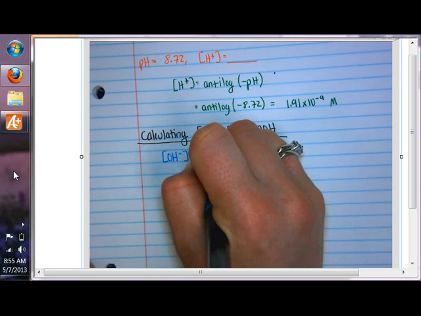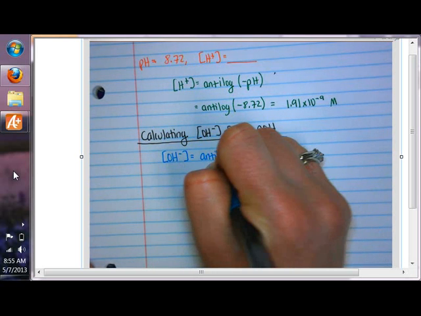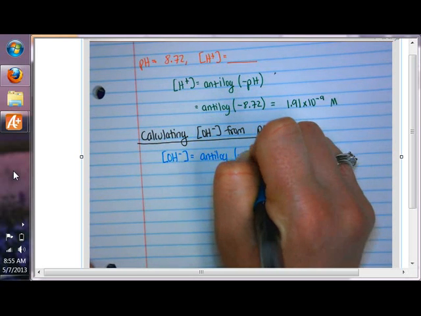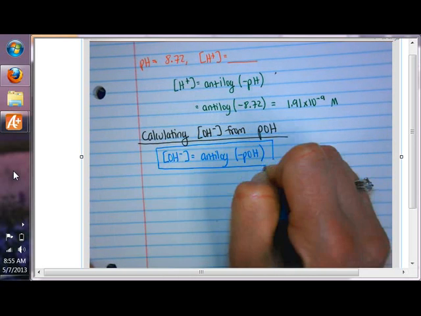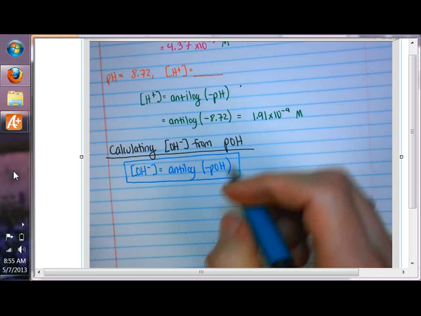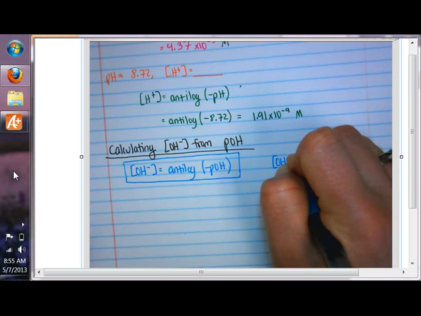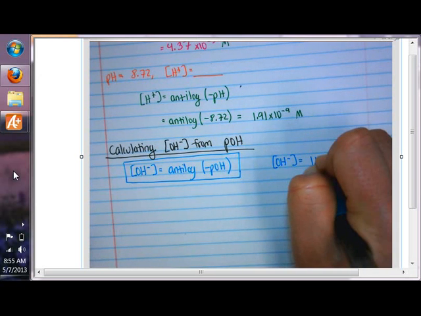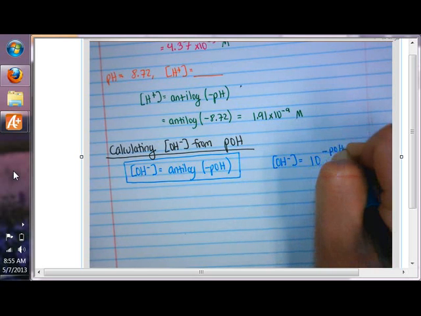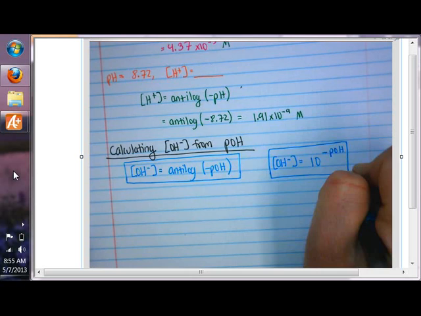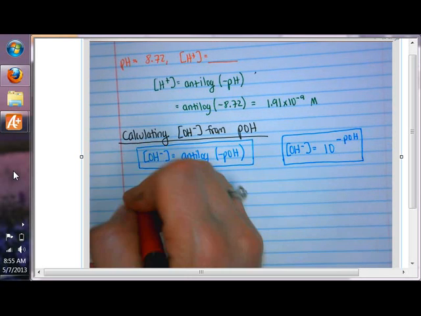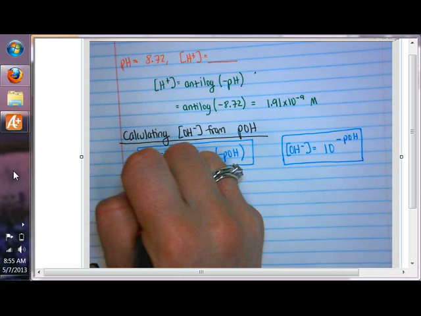Concentration of hydroxide equals the antilog of negative pOH. I put a box around my formulas. And you could also think of it as the concentration of hydroxide equals 10 raised to the negative pOH. So that's just another way of thinking about it. And we're just going to do one example.